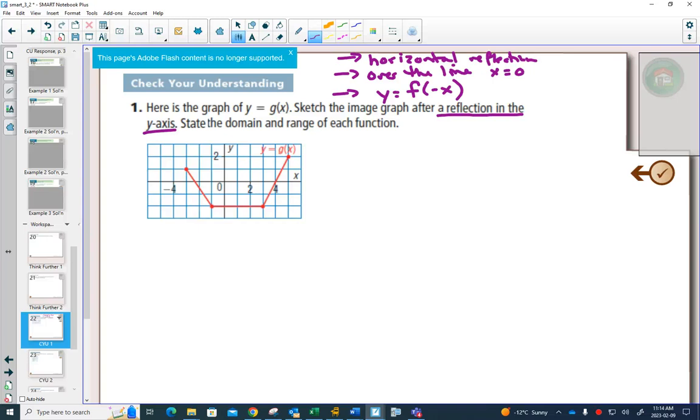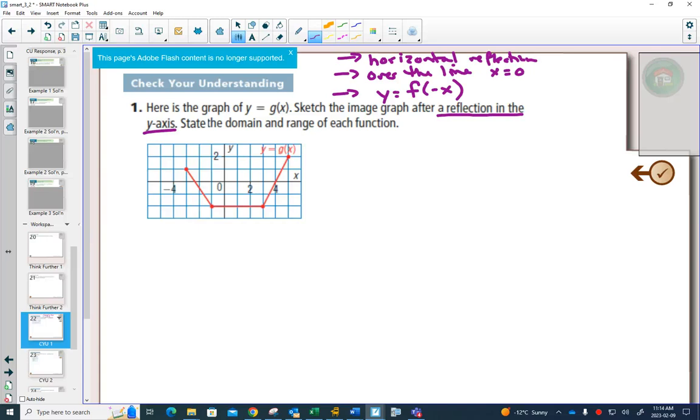So you're like, okay, it's over the y-axis. What's moving? I'm moving left and right. If I go over the y-axis, that's horizontal. So that's a horizontal reflection. That would mean that my x values have the negative, and I multiply my x values by -1.